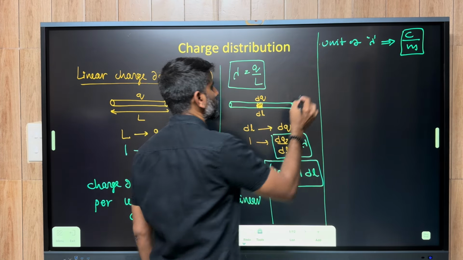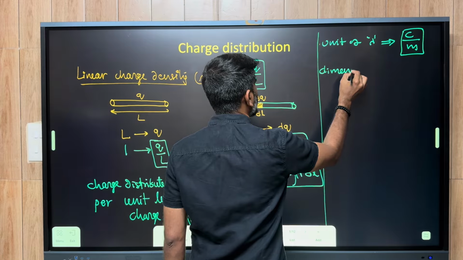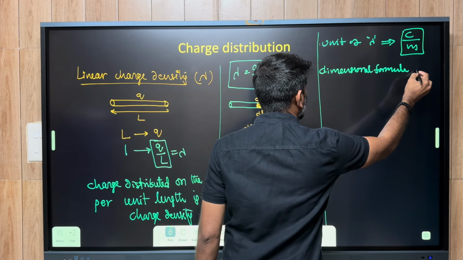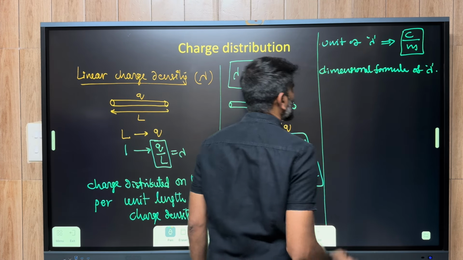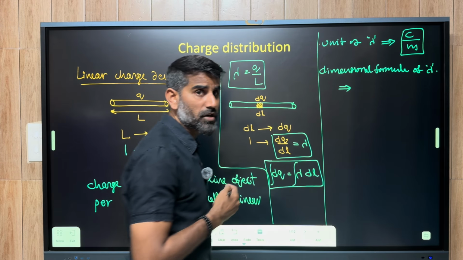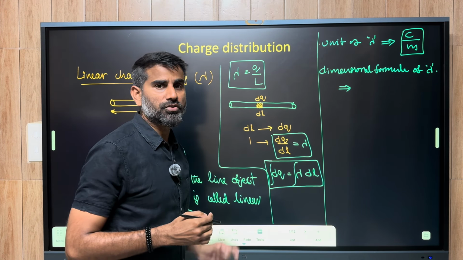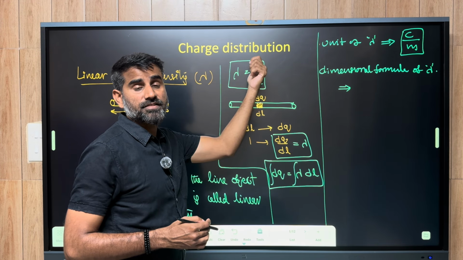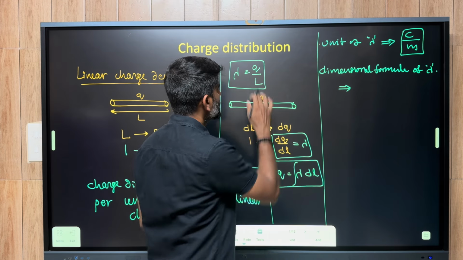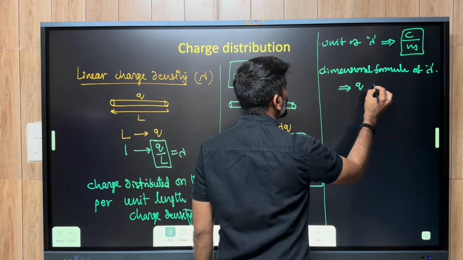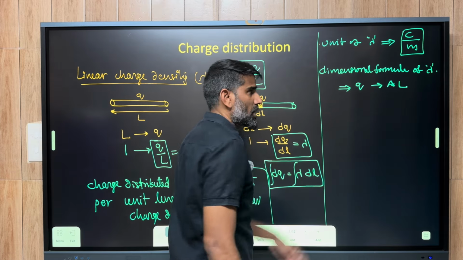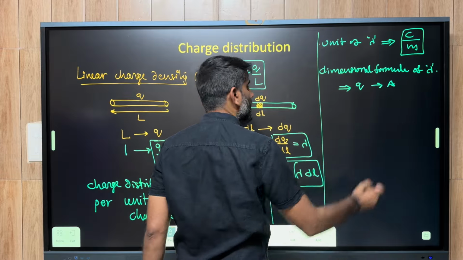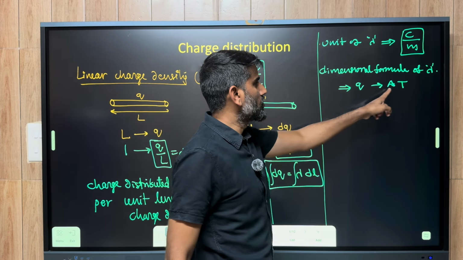Now coming to the dimensional formula of lambda, linear charge density. Again, you need to look at the equation. Q is not a fundamental quantity, rather it can be expressed in terms of fundamental quantities such as current and time. So the dimensional formula of Q is AT, because Q is equal to It.